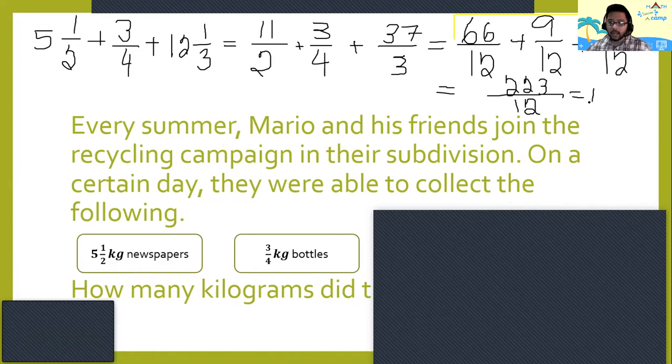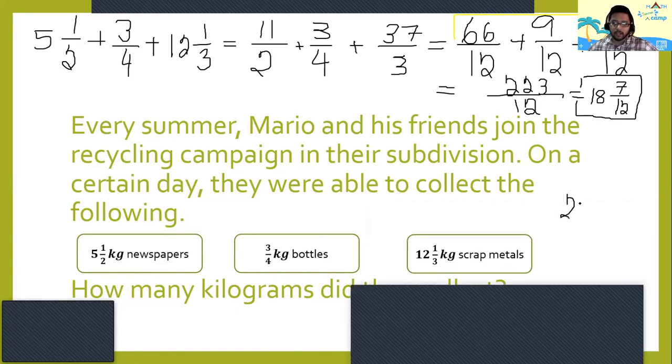So you can check that it's 18 7/12. How did I get this? We divided again 223 divided by 12. So that's 1, 12 times 1 is 12, 22 minus 12 is 10. Bring down the 3, so 103.